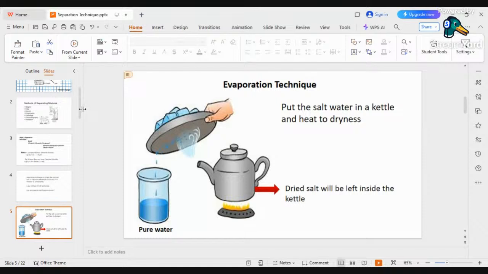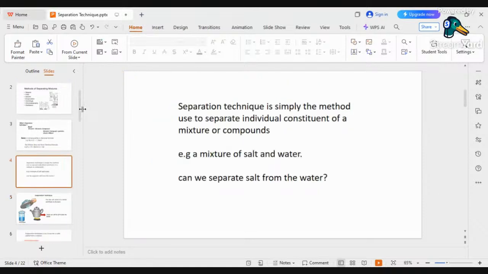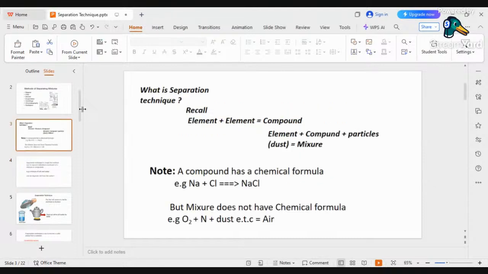Okay, I'm going to try to explain again. Now, remember I said that when an element combines with an element, it forms a compound.